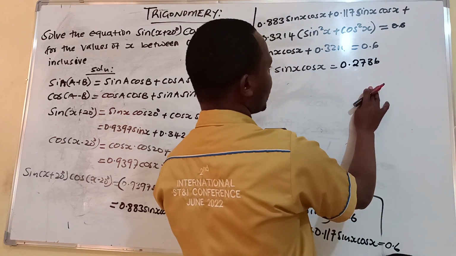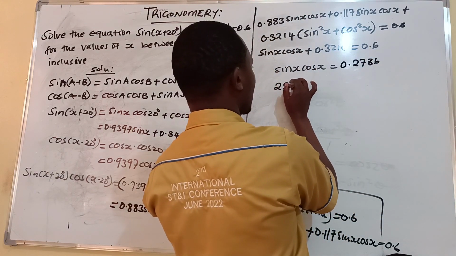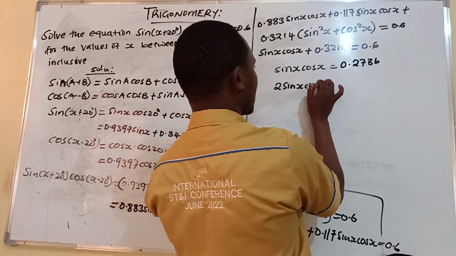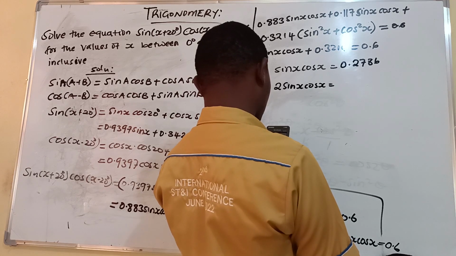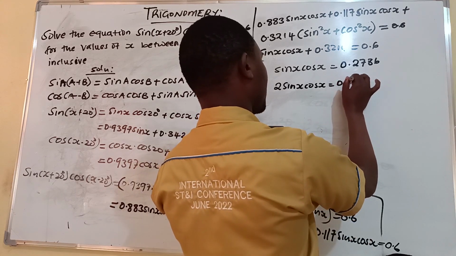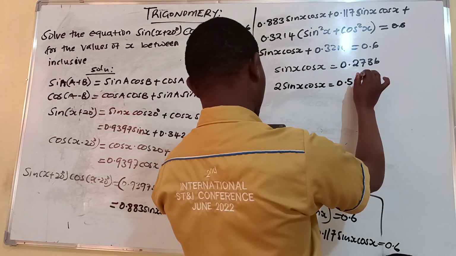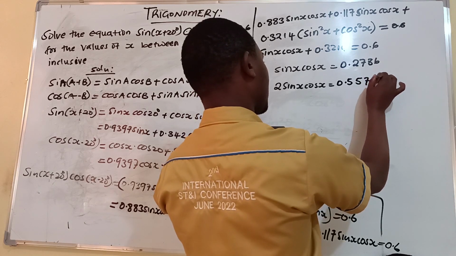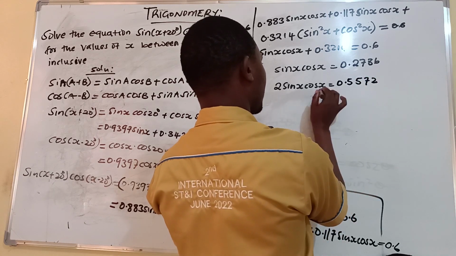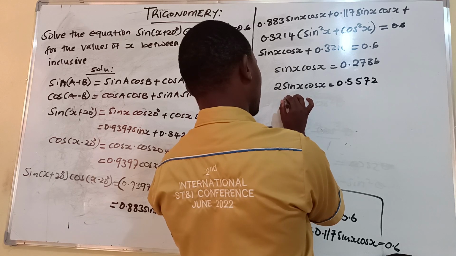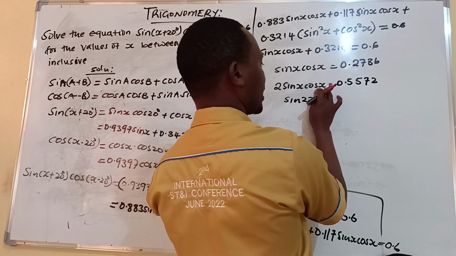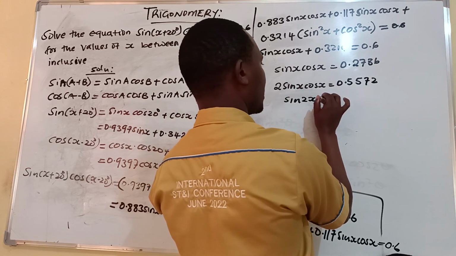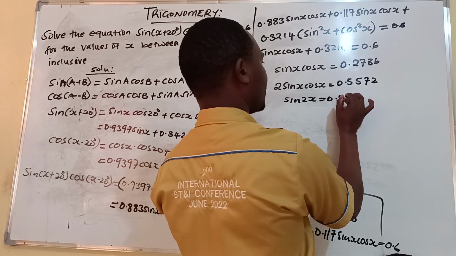If we multiply both sides by 2, 2 sin x cos x is 0.5572. But the whole of this is sin 2x, using trigonometric identities. So sin 2x is 0.5572.